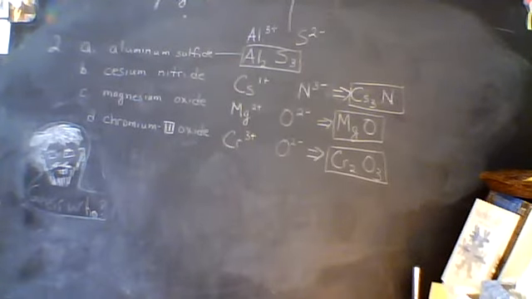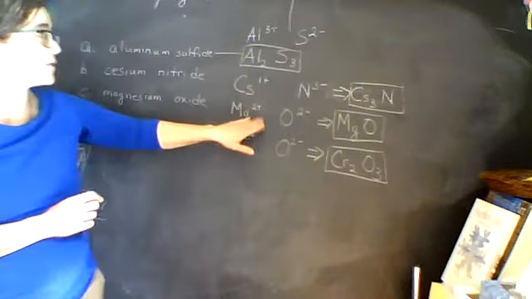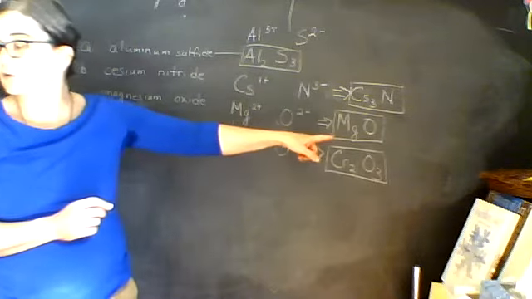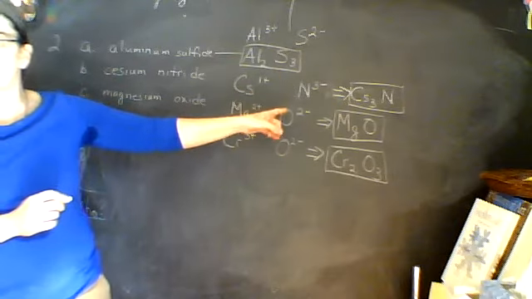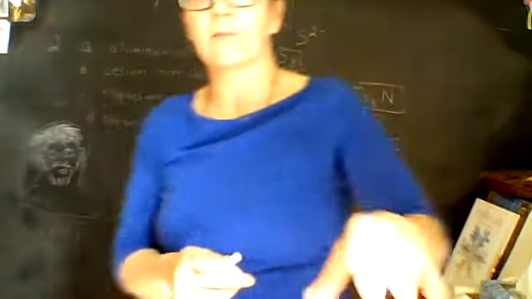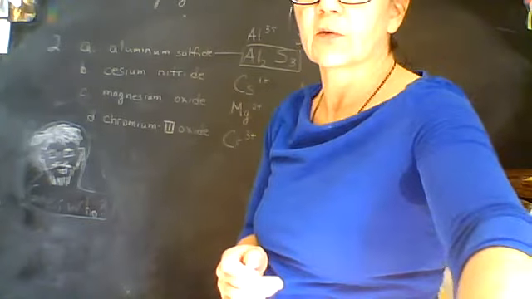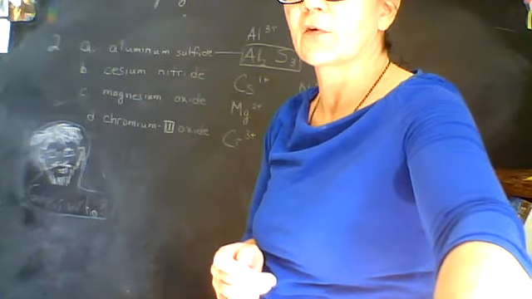In general, the reason we didn't have to have Mg2O2 is because it's probably going to be the simplest ratio. That's it for questions 1 and 2, and we'll come back with a separate video for further ones. Thank you.